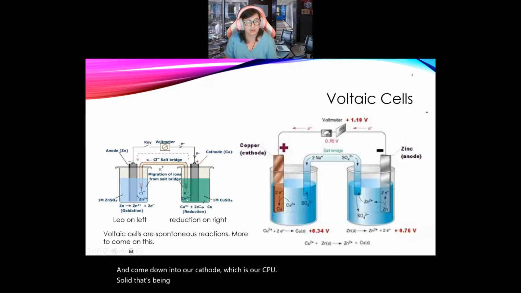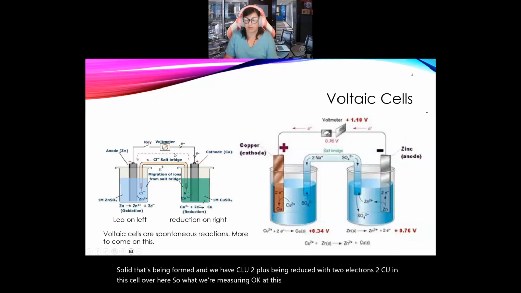And we have Cu2+ being reduced with 2 electrons to Cu in this cell over here. So what we're measuring at this voltmeter is actually our EMF. So it's the cell potential, the energy that is different between the oxidation half and the reduction half.